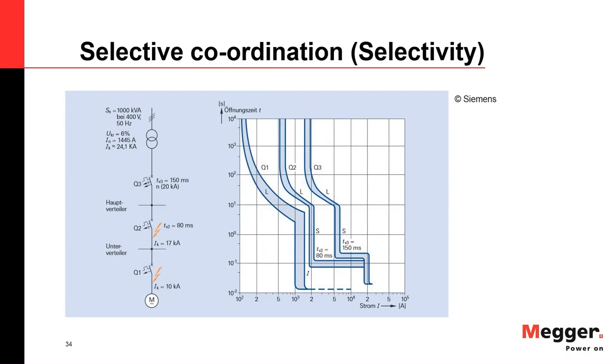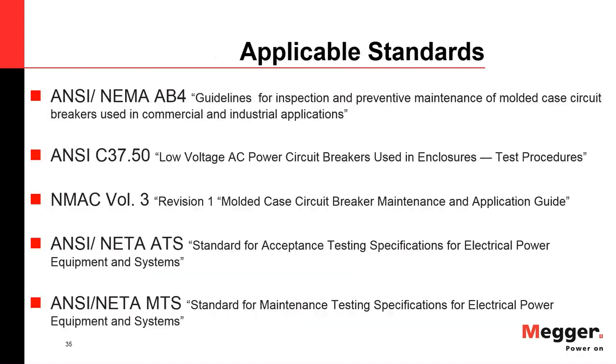Like the main feeder, the main breaker is the last you want to trip because down the line at the other end of the building there was a momentary fault. And to make sure that the breakers still act in accordance to the curve, so your selective coordination is still true, this is why we're testing.